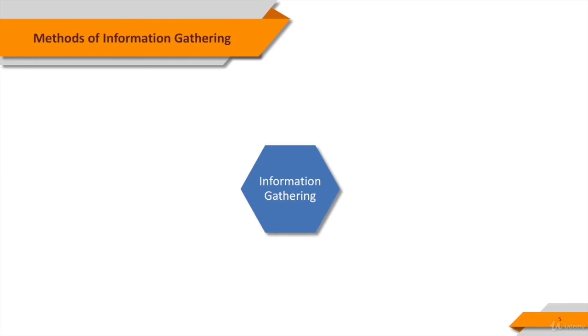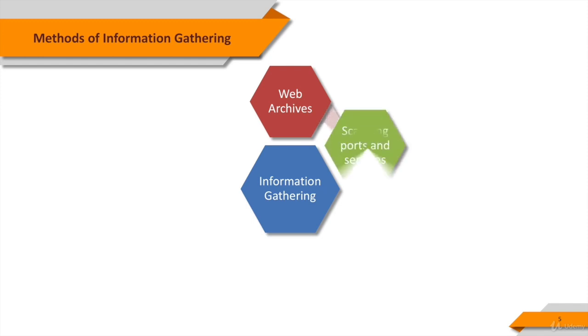There are a lot of places you can collect data over the Internet. Web archives. Suppose that sensitive data was published accidentally. A few days later, the admins realize the mistake and remove the data from the website. But what if someone has already archived that website with the sensitive data? Scanning the ports and services, you can find the ports accessible over the Internet.